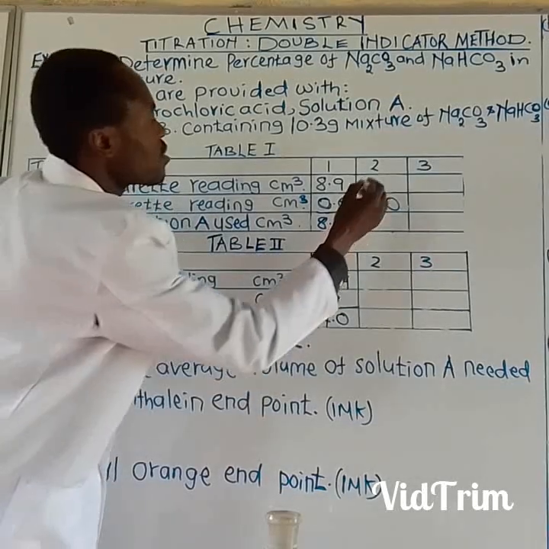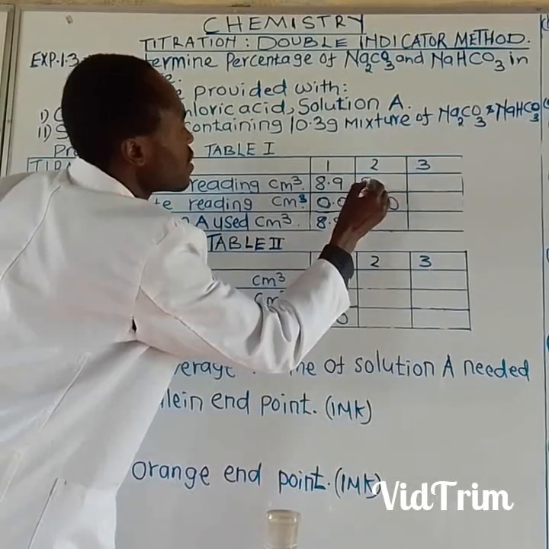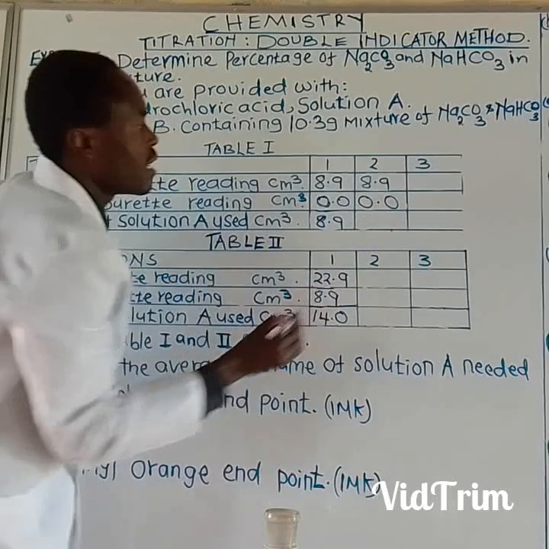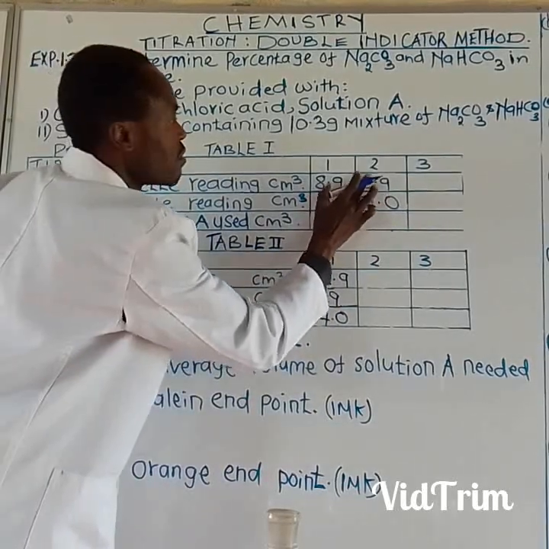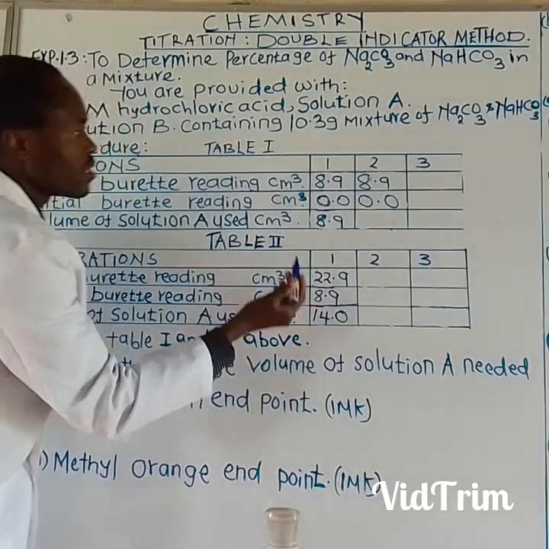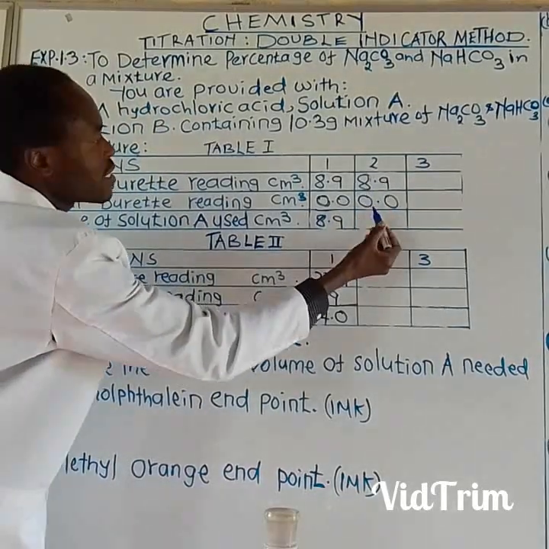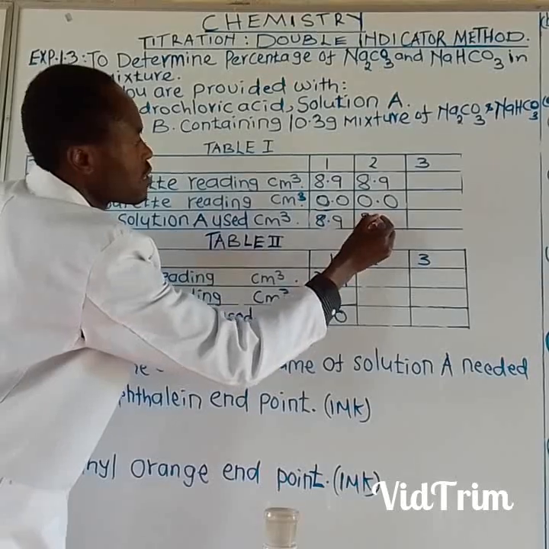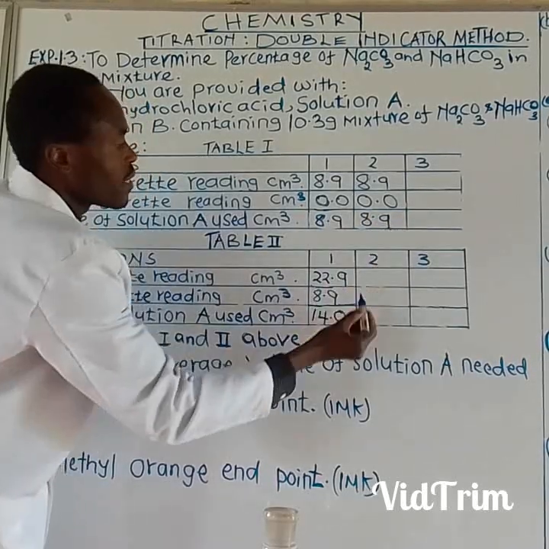Is it okay? So here you will also land on 8.9 as the final value. 8.9. Then when you subtract the final minus initial, you will also get 8.9.